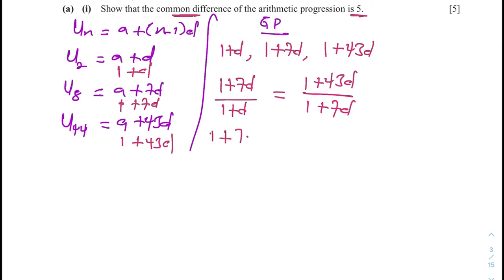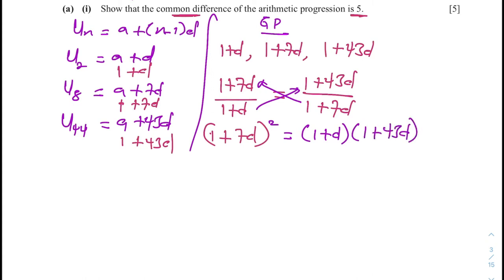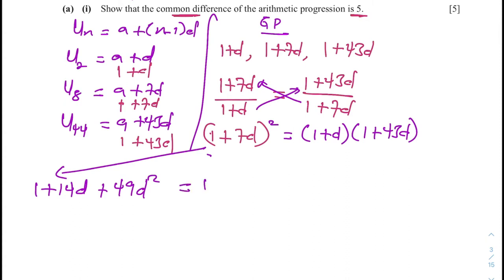So we have 1 plus 7d. Well, I'm going to just cross multiply, this times that, this times this. But since it's the same thing, I just square it. And then I have (1 plus d) and then (1 plus 43d). So let me expand it right here. We have 1 plus 14d plus 49d squared. And then we can expand the other one.